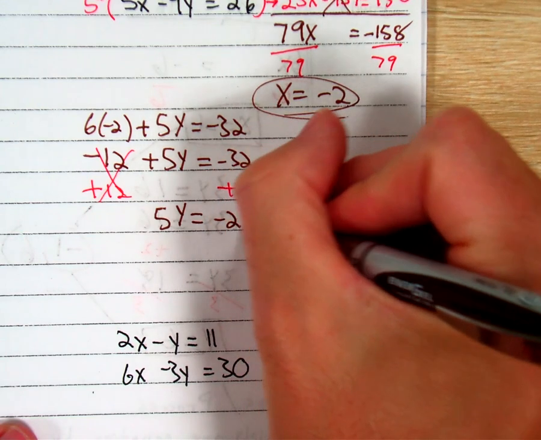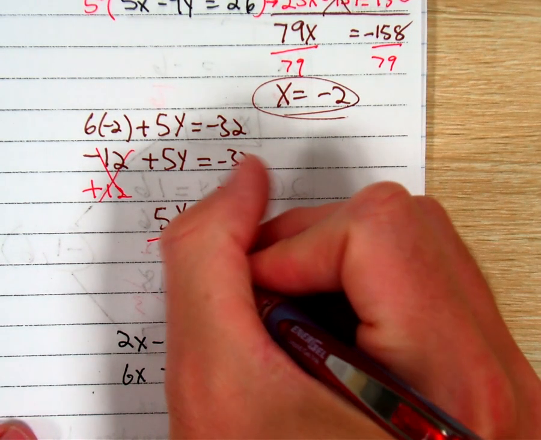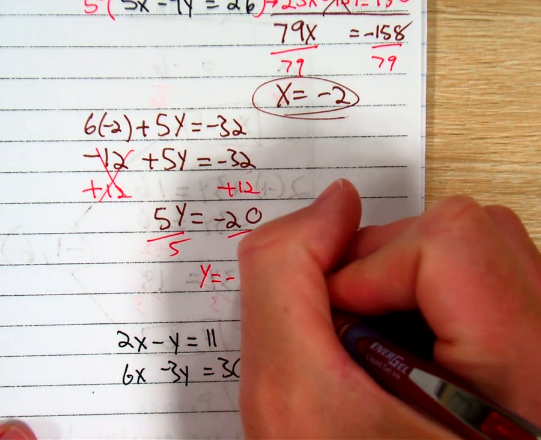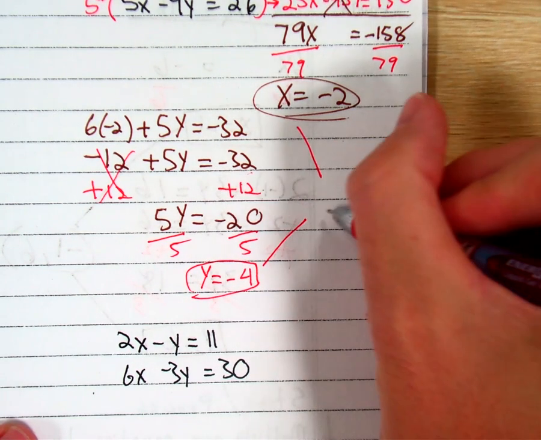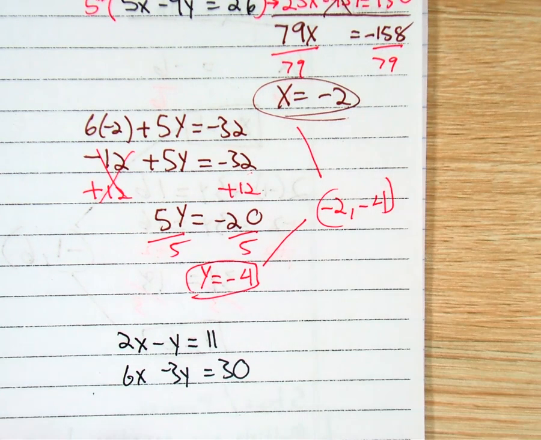That's going to be negative 20. And then here we are dividing by the 5. Not bad at all. Negative 4 for y, and then your coordinate point should be negative 2, comma negative 4.